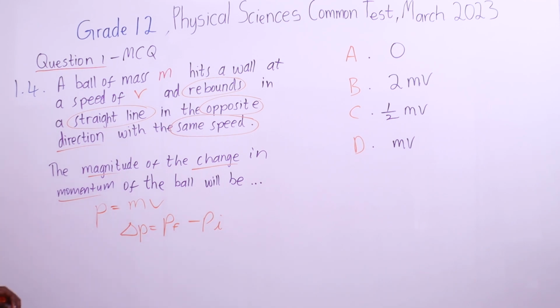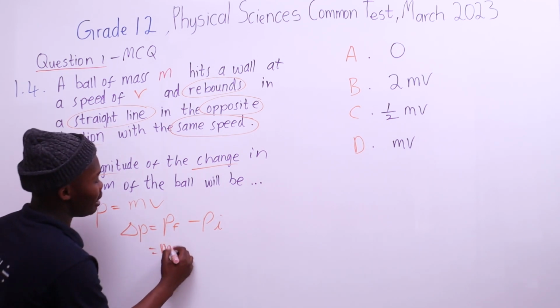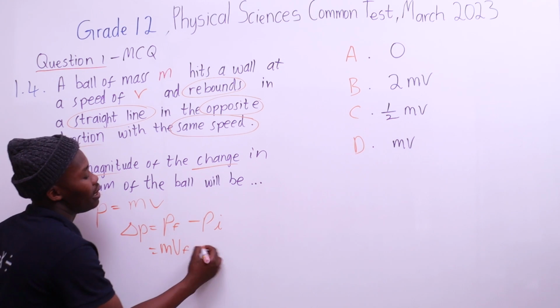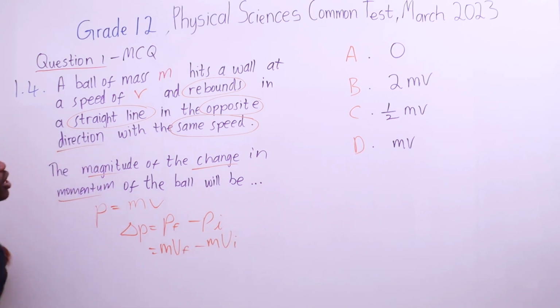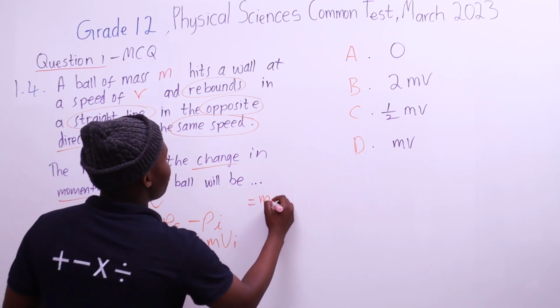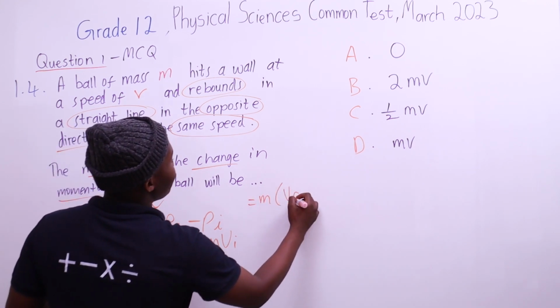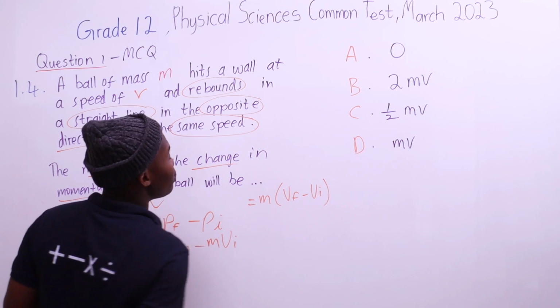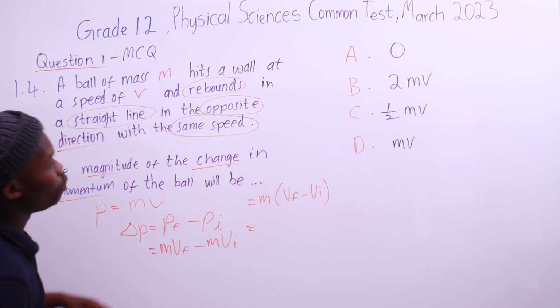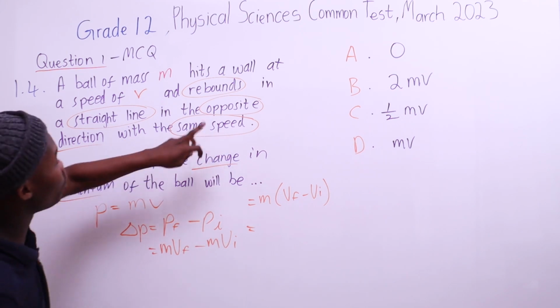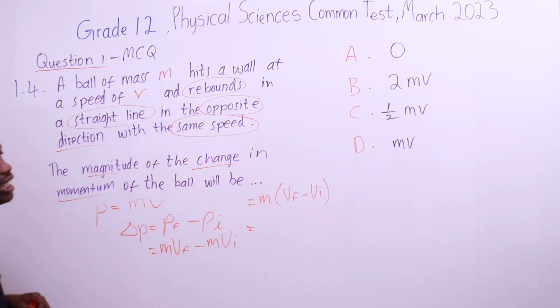It is the mass times the final velocity minus the mass times the initial velocity. So we can take out the common factor and have the mass, open brackets, final velocity minus initial velocity. But remember, with the same speed, go in opposite direction.